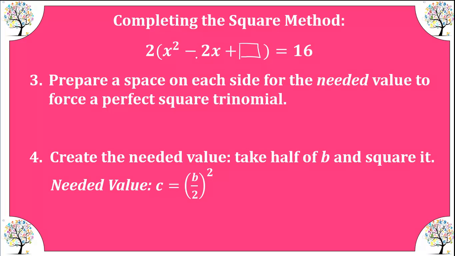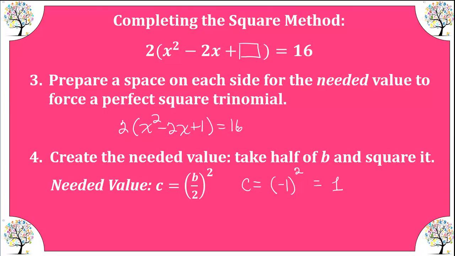So we're going to take a look at our new b value of -2. We're going to take half of that, which is -1. So c is half of -2, which is -1, and then we square it. So my c value is +1. So step number 4, we have 2(x squared minus 2x plus 1).